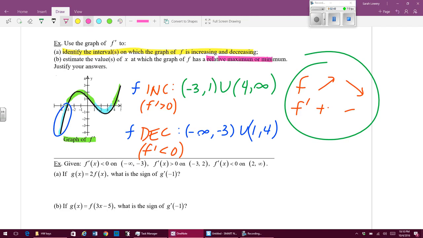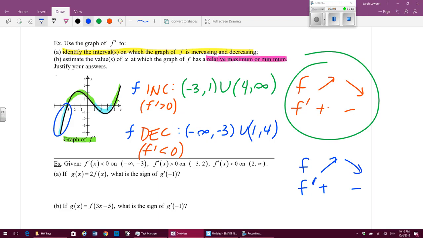So relative maximums and minimums. It's important for you to remember that a max happens anytime we have an increasing function go to a decreasing function. So that means I'm looking for f prime to switch from positive to negative.